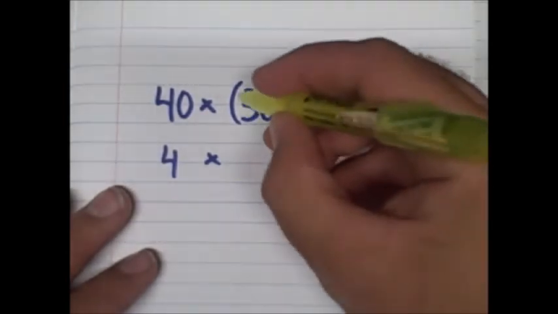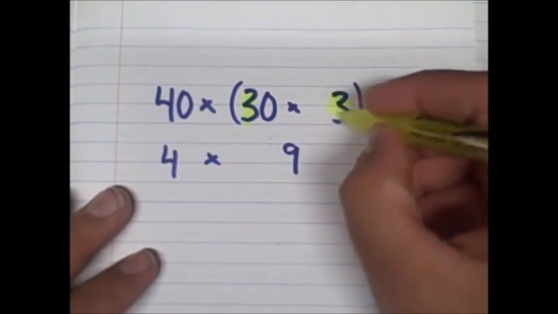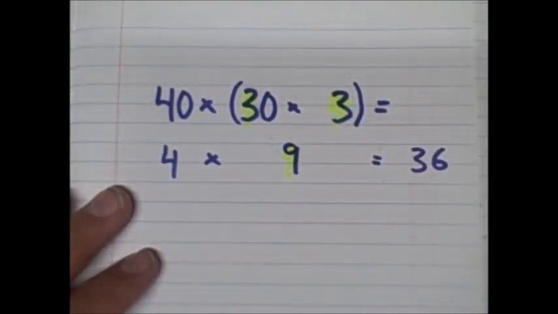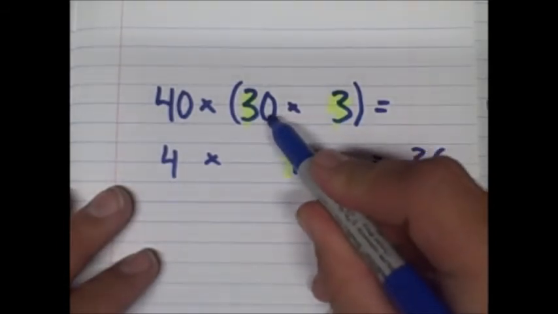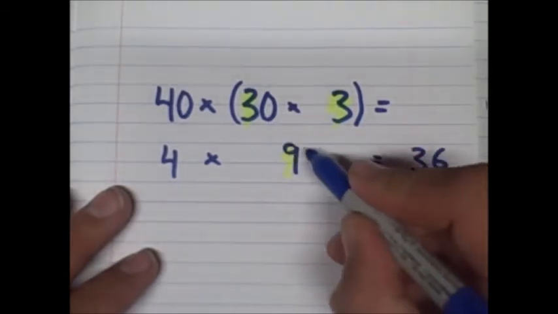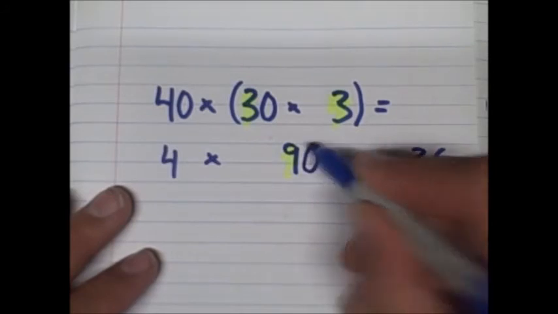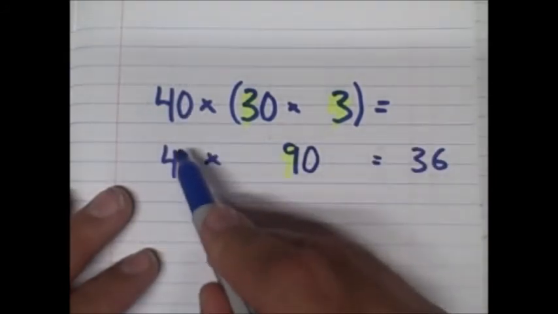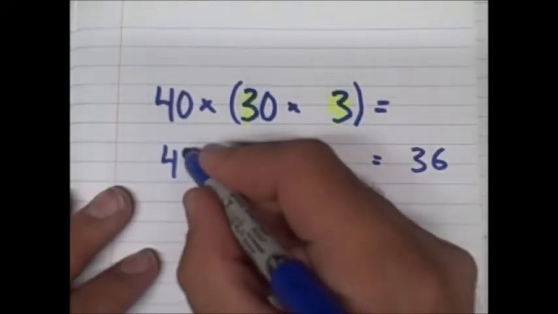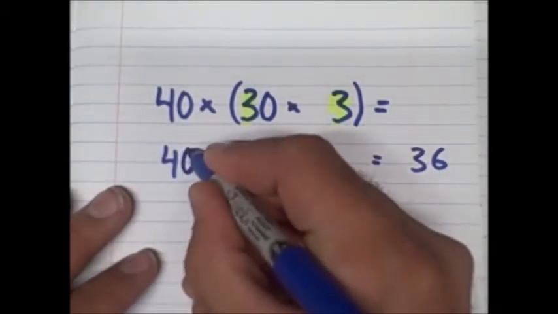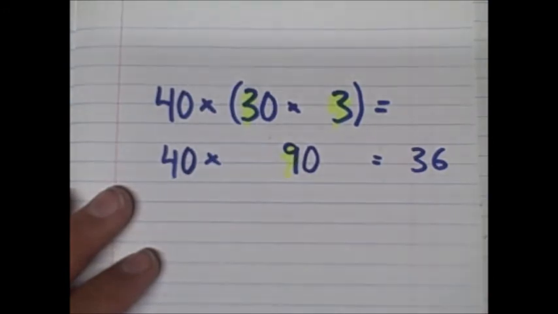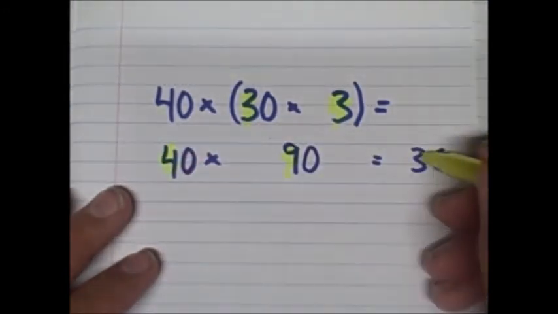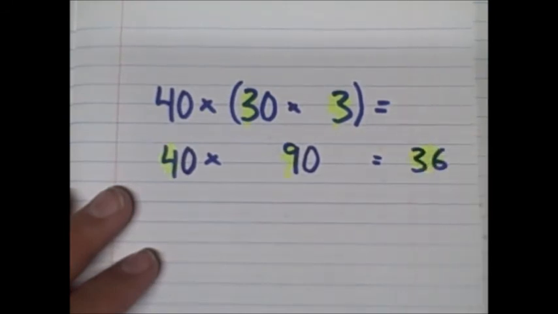Now, if I need to, I could go back to the highlighter. 3 times 3 gives me my basic fact of 9. But I have 1 zero left in my factors, so I'm going to need to make sure that I put 1 zero in that product. This 4 is no longer a 4, it's 4 tens, so I need to make sure that I account for that. Now, my basic fact is still there. 4 times 9 equals 36.